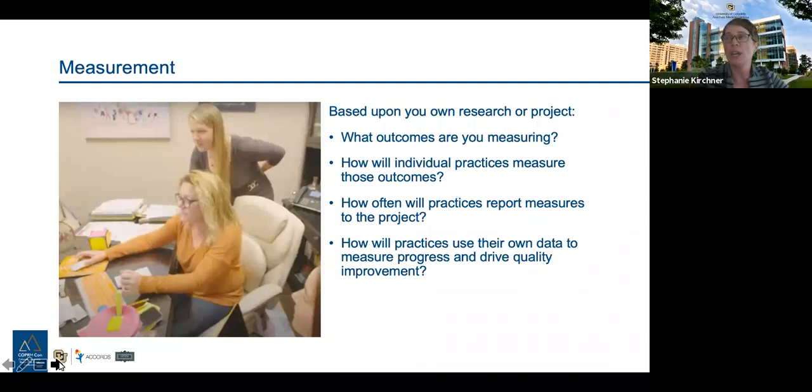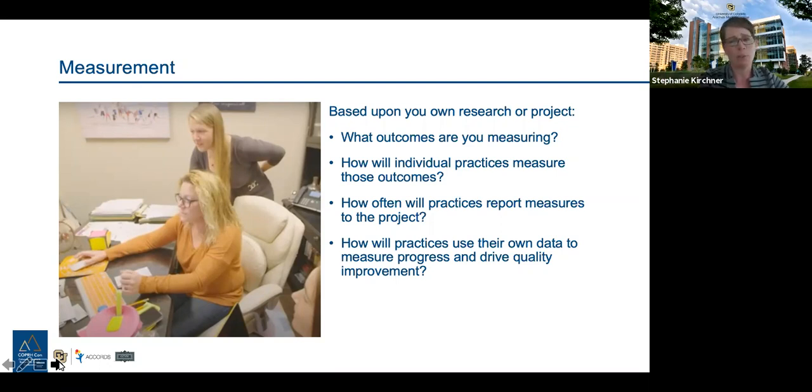So try to think about ways to break things down into reports and things that are easy for practices to pull, not asking them to look at things that are really off the charts, hard to get out of an electronic health record, and trying to avoid asking them to do manual data tracking. Think about how you can be really pragmatic in what you're proposing in terms of measures.